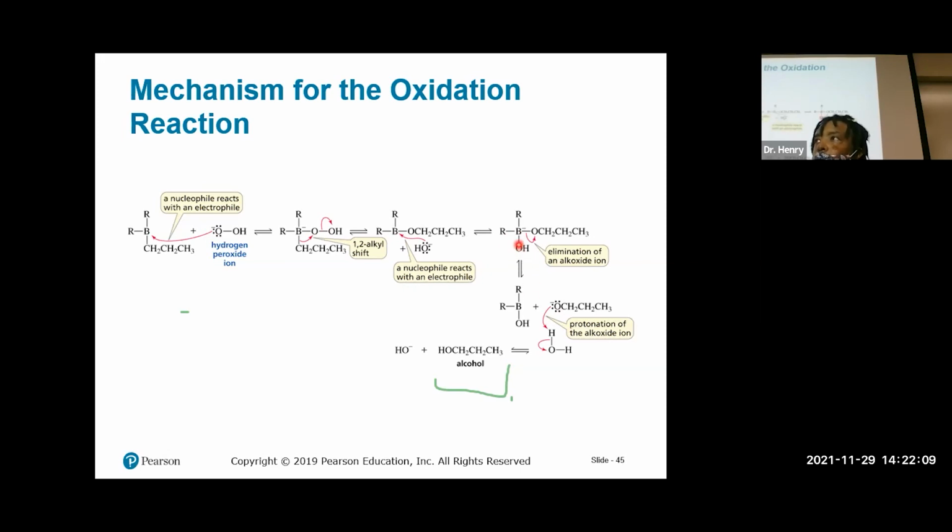So it's going to try to find a way of getting back to where it was. So I have that OH there. Now it's going to use the electrons here and transfer those over to that oxygen, right? So now I have an oxygen that has a negative charge associated with it. It's going to take those negatively charged electrons to break the hydrogen off of water, so that we can form an alcohol.